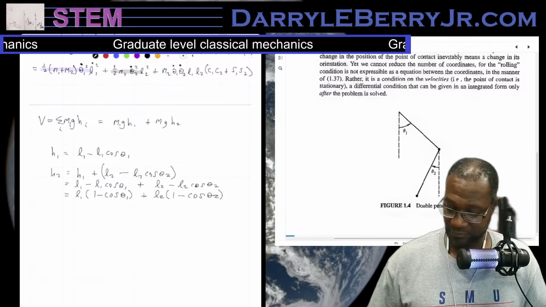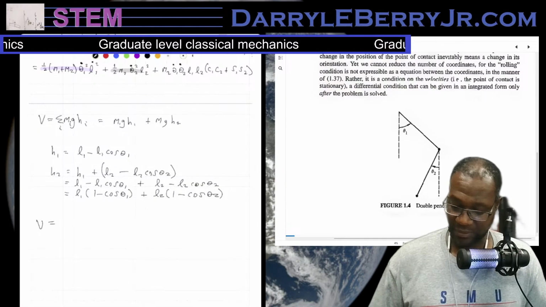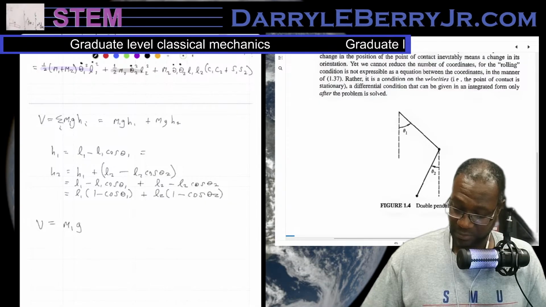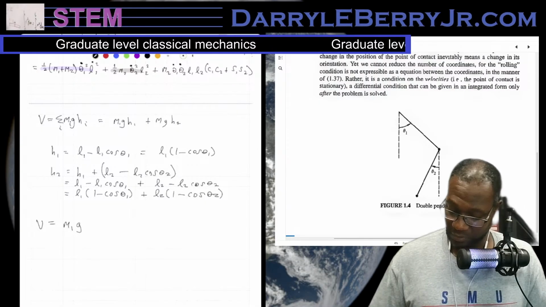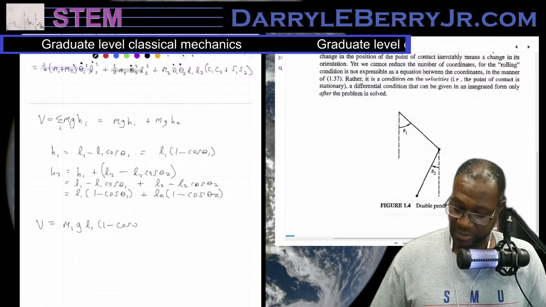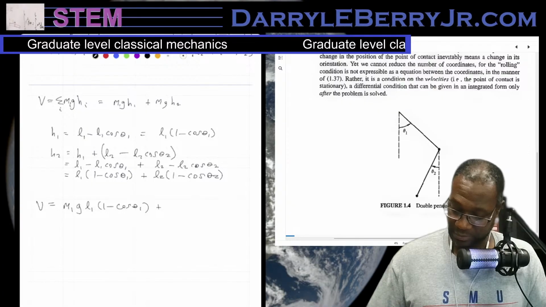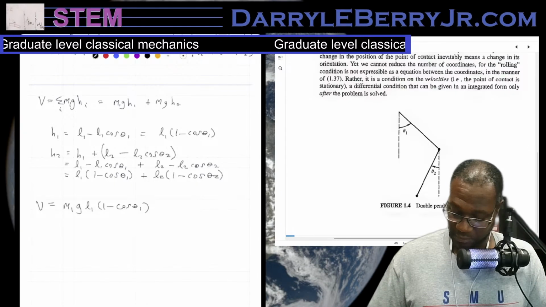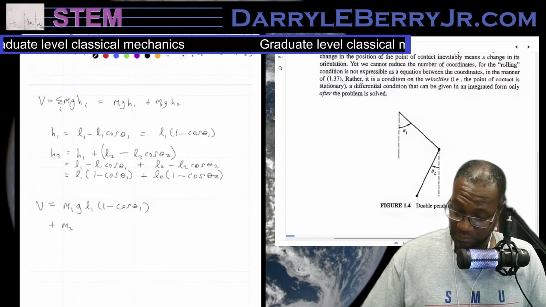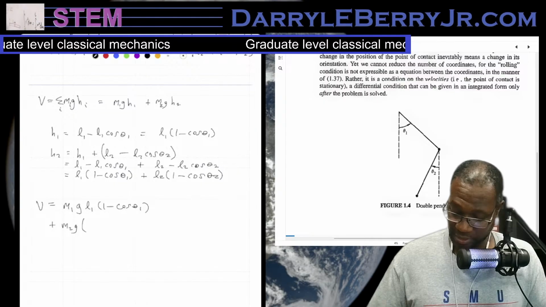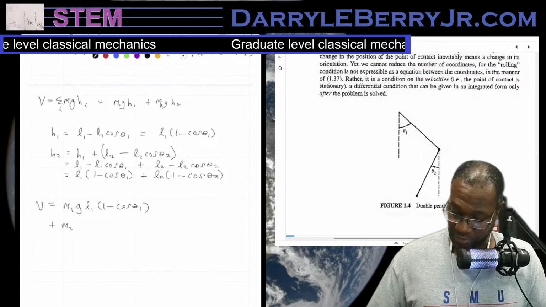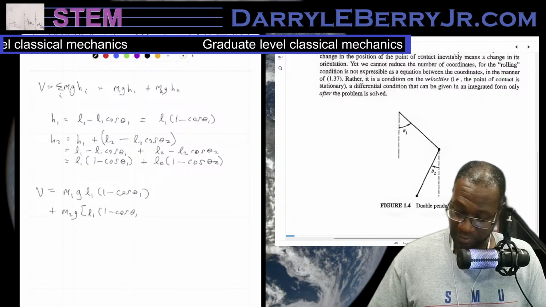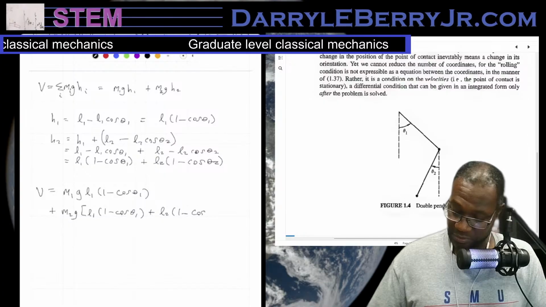Let's take a look and see what we have here. I'm going to plug this in. So I'm going to have V equals M1 g L1, 1 minus cosine theta 1, plus M2 g times the bracket L1, 1 minus cosine theta 1 plus L2, 1 minus cosine theta 2.